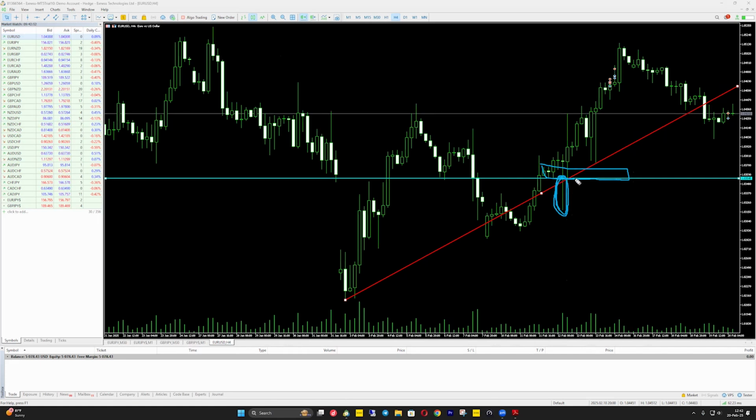Now it is time to enter. It is not that easy to stay on your desktop, and maybe you are doing other activities, to wait for this candle again to retest your 50% of this order block and the 50% of this swept liquidity candle.